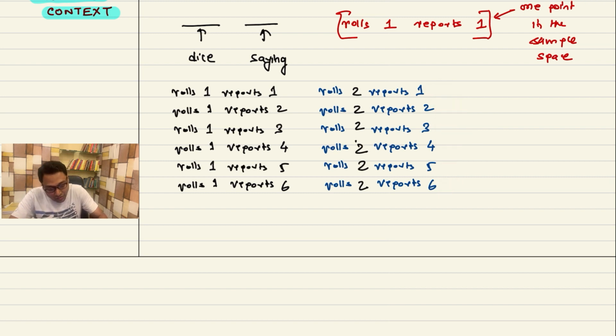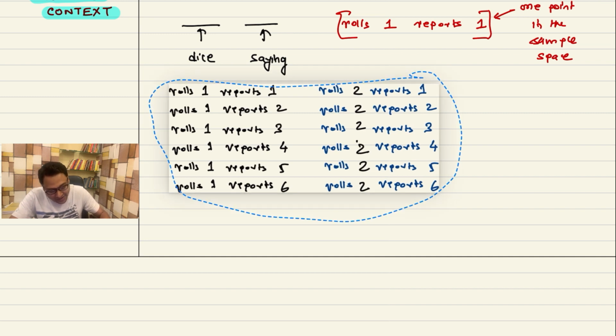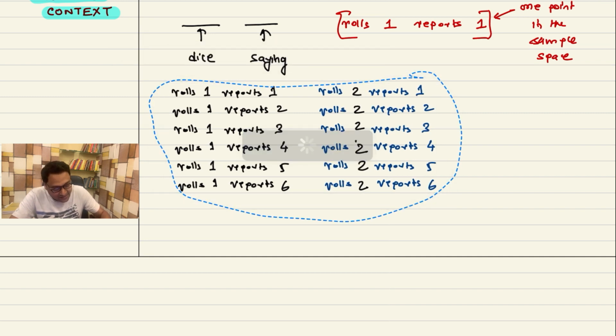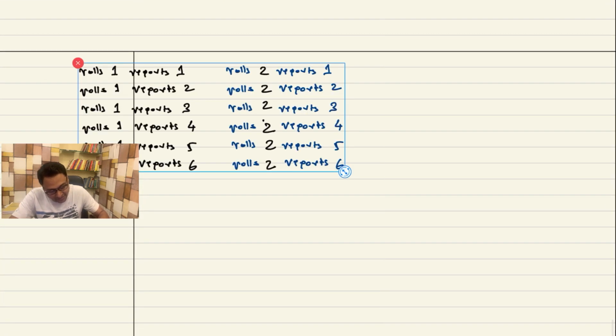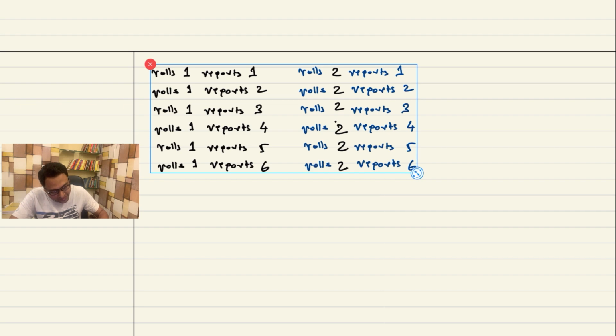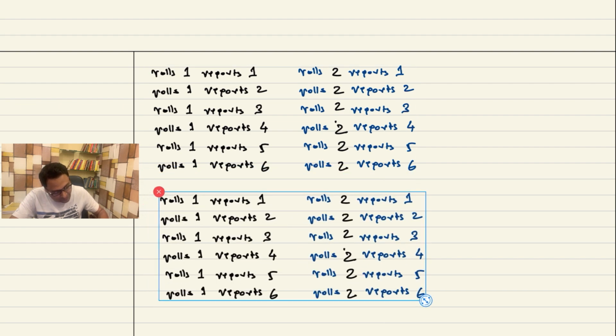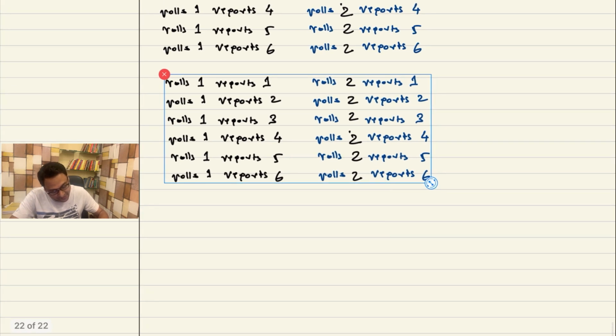So now we know exactly what's going on. We can actually write down the entire sample space, and we will do that. So we can simply make copies of this, paste it here.